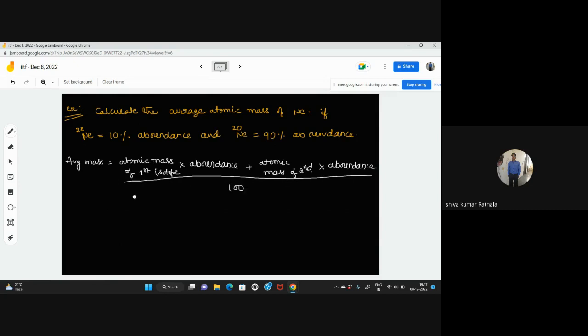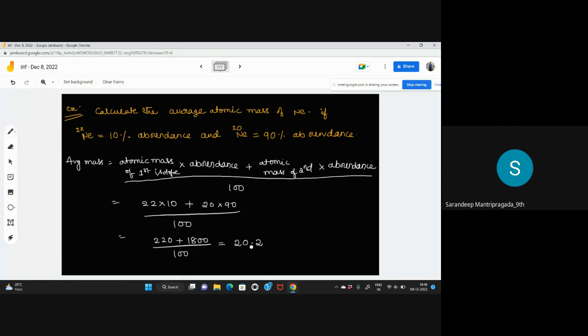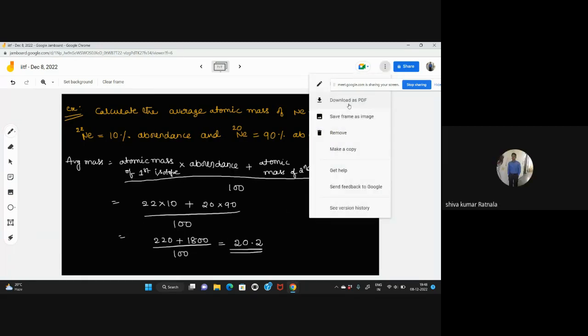That means 22 into 10 plus 20 into 90, whole by 100. That will be 220 plus 1800, whole by 100, that will be 20.2. Mass number we will calculate like this.